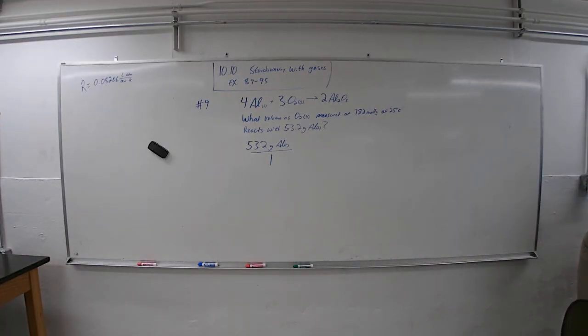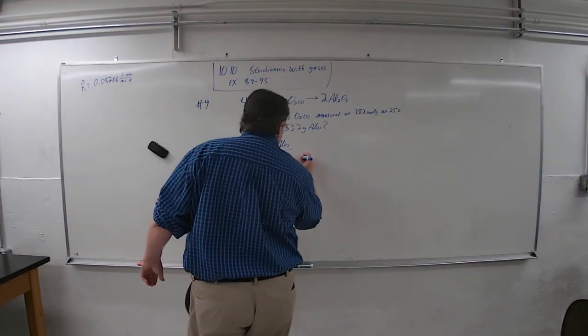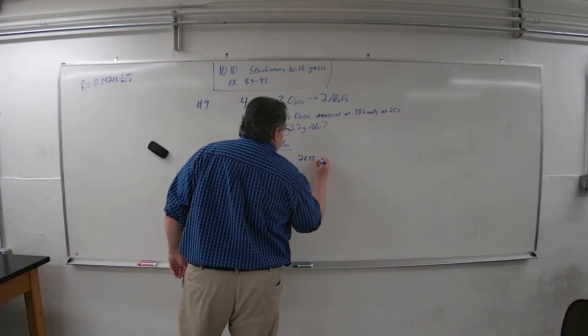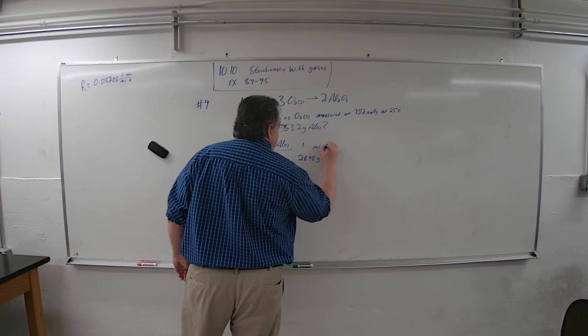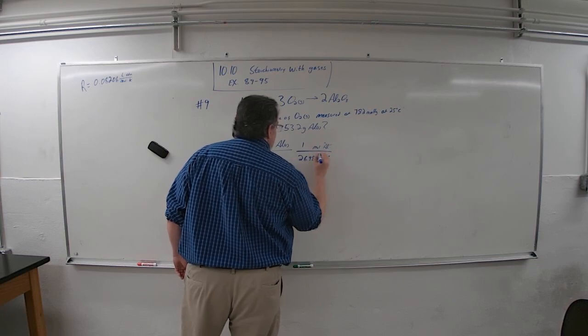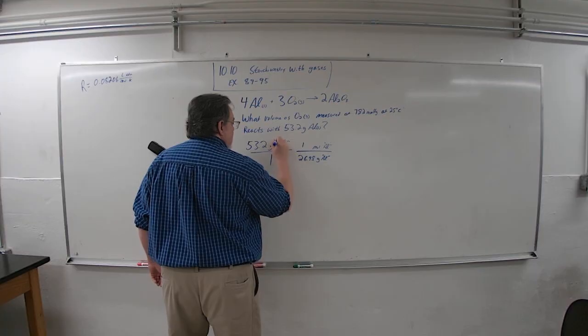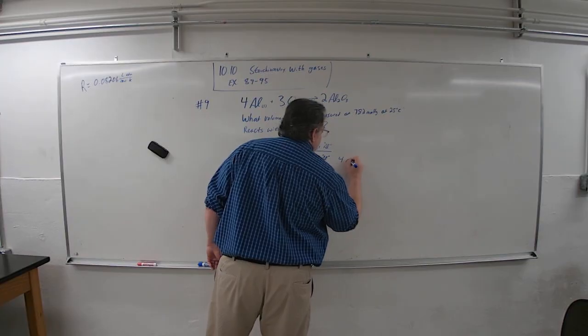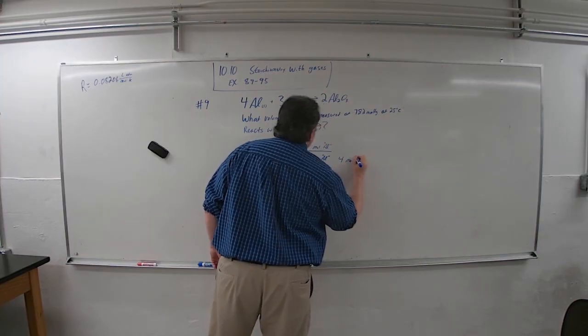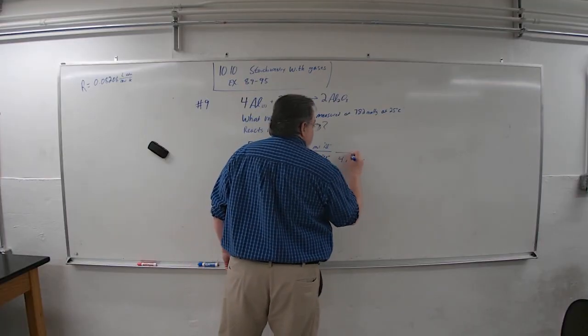Aluminum is 26.98 grams per mole. Moles of aluminum: 4 moles of aluminum to 3 moles of O2.